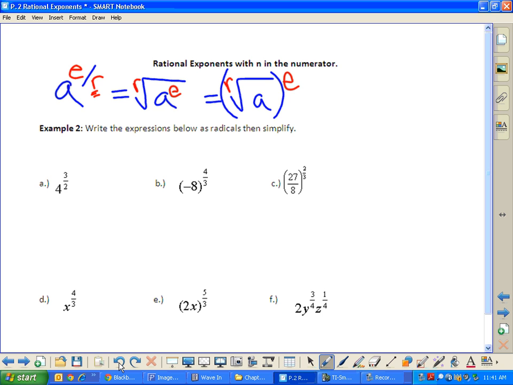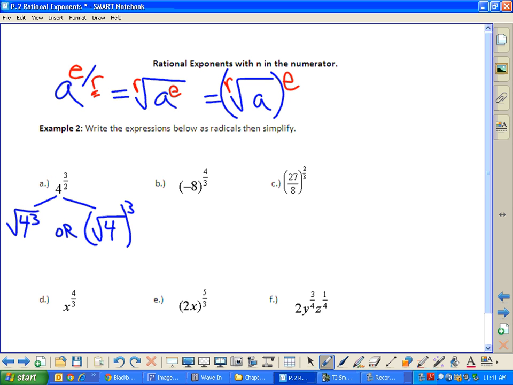So if I have 4 to the 3/2 power, please understand that you could rewrite that in two different ways. But step one is to rewrite it with a radical instead. You could rewrite this as the square root of 4 to the 3rd power, or you could rewrite it as the square root of 4 cubed.